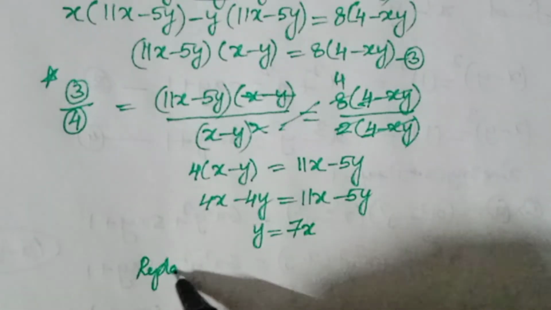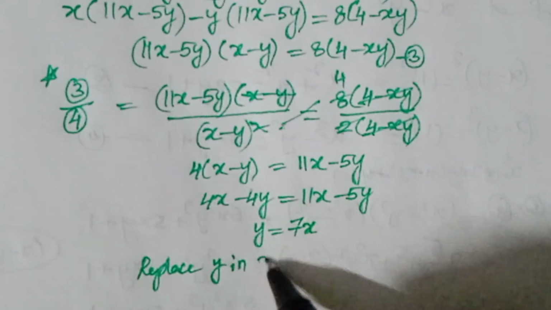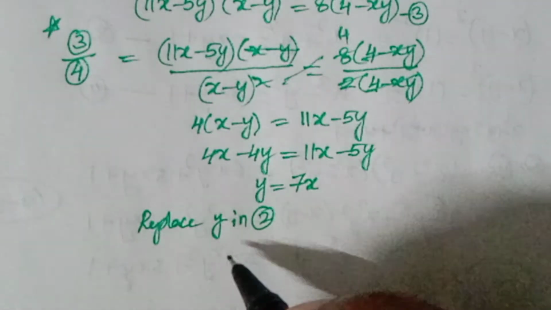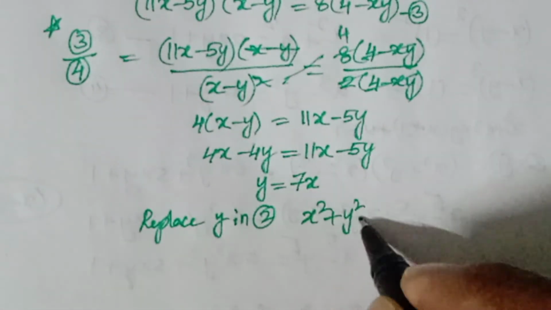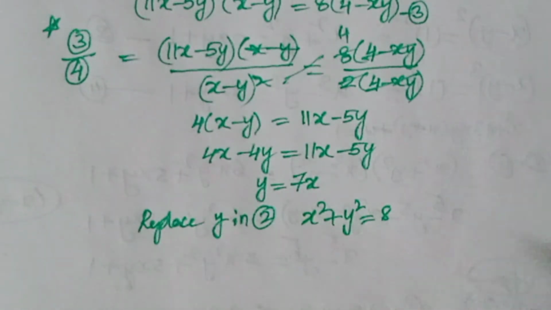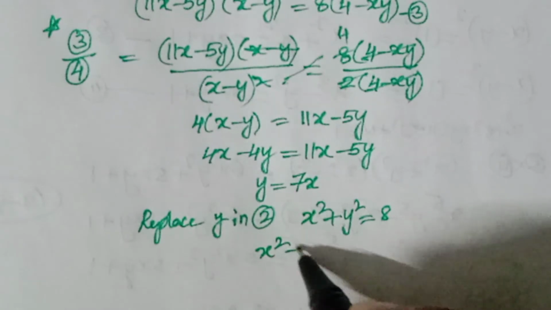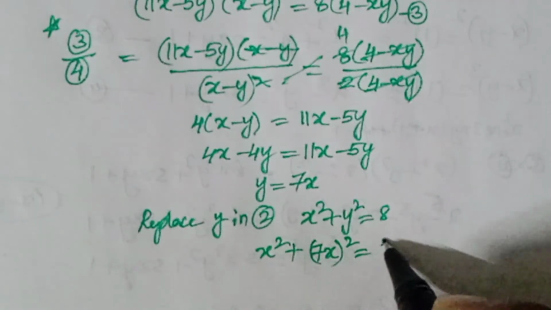So replace y in the second equation. So what is the second equation? x square plus y square is equal to 8. So what will we get here? x square plus 7x whole square is equal to 8.